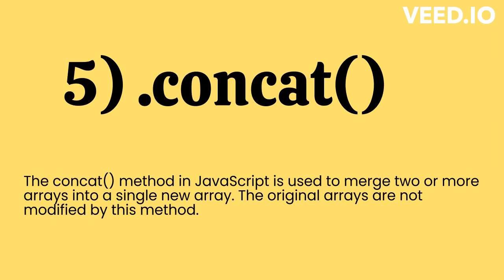The concat method in JavaScript is used to merge 2 or more arrays into a single new array. The original arrays are not modified by this method.